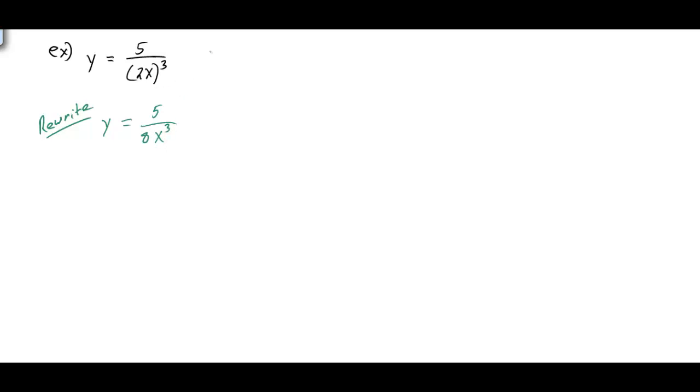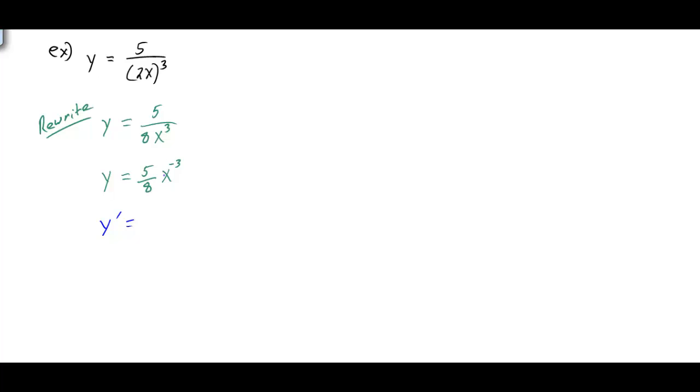So now this looks very similar to the example above, and we could still rewrite this. Again, we could have the 5/8 out front, move the x cubed to the top, so that becomes x to the negative 3, and now we can easily, once again, use the power rule.